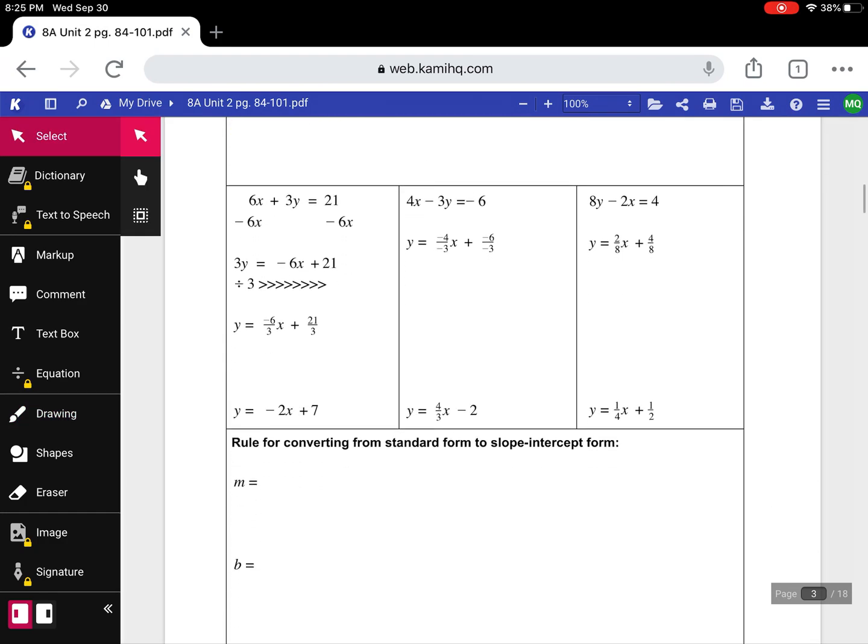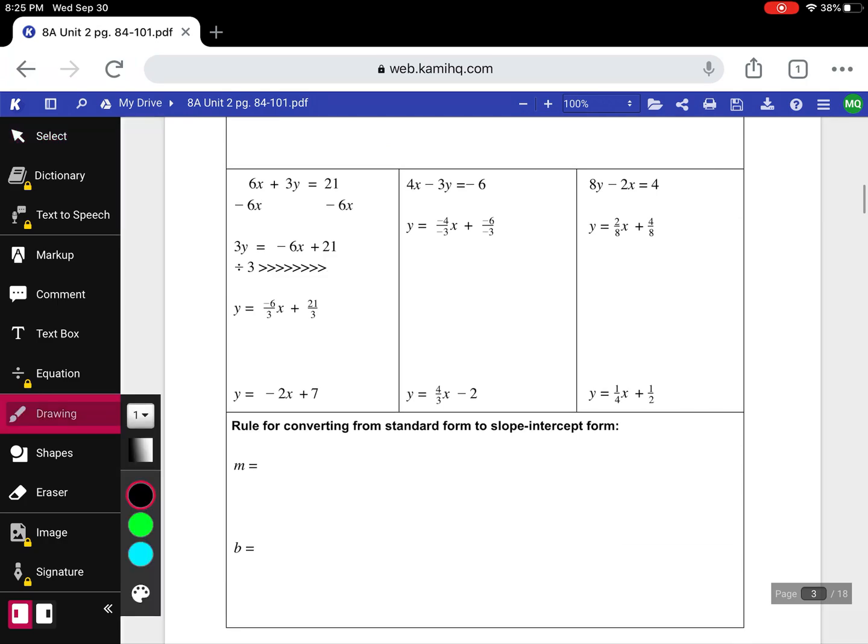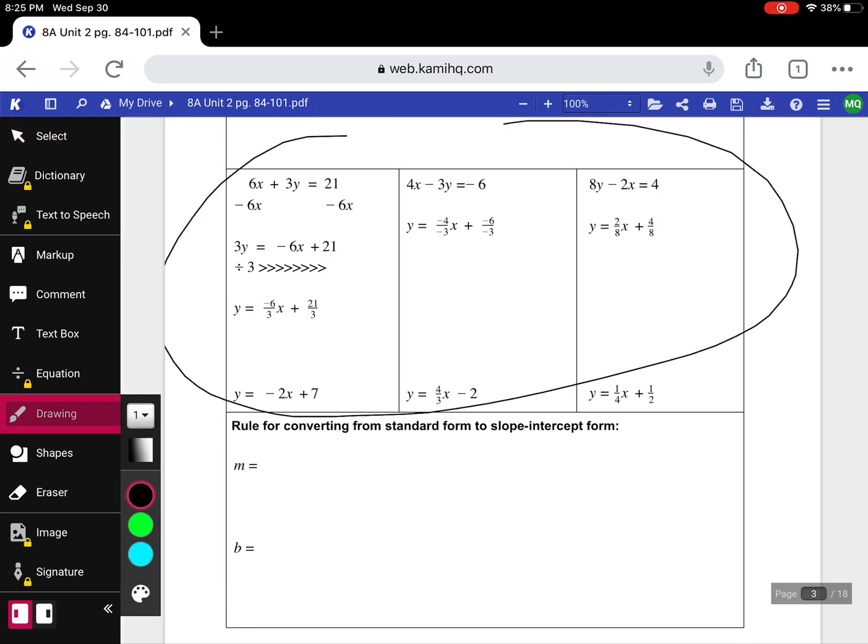You can see where they convert down to y equals negative 2x plus 7, okay? They did the same thing in each one of these problems. But I hope you're starting to see that there's a bit of a pattern.